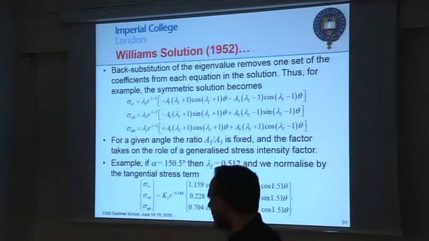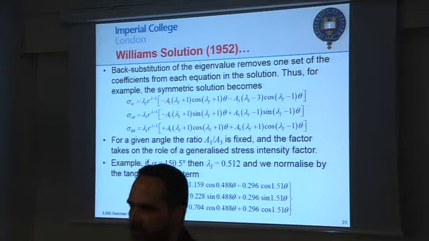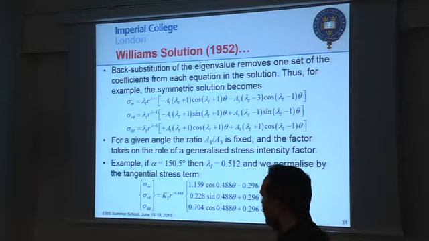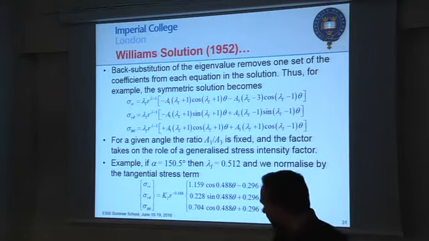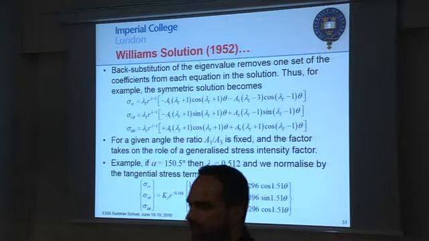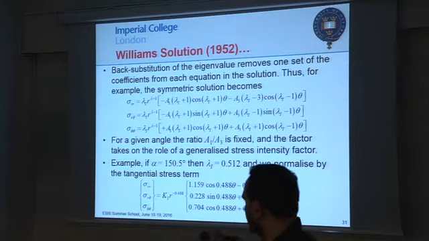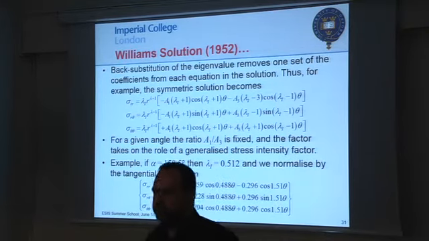Now mode 2 is the same, instead of K1 you're going to get K2, which is A2 over A4 in the equations from Williams, and you get another trigonometric function with another exponent there. But basically, you can have any combination of stresses there for a given remote applied load.